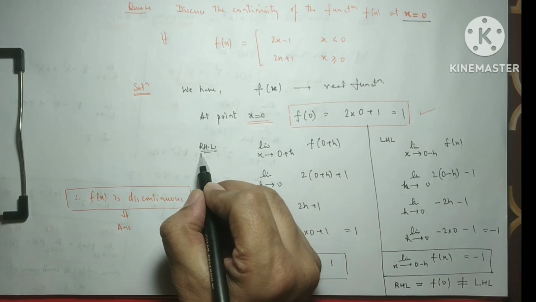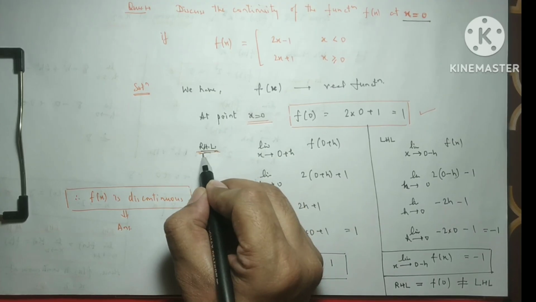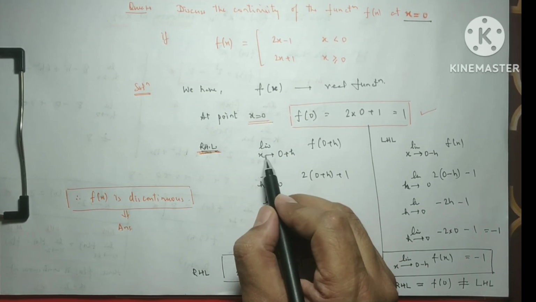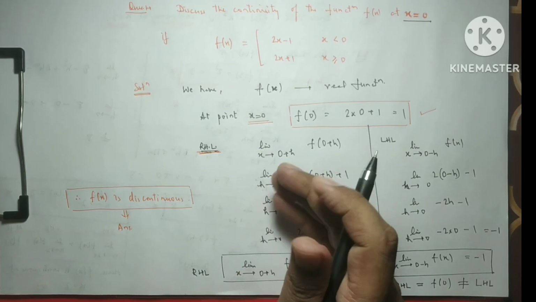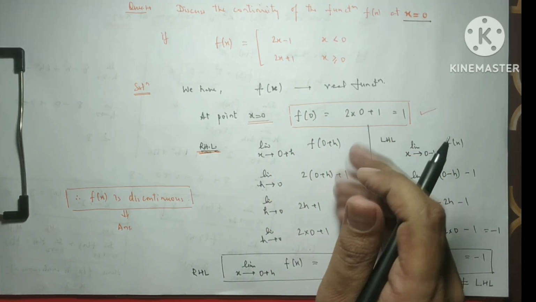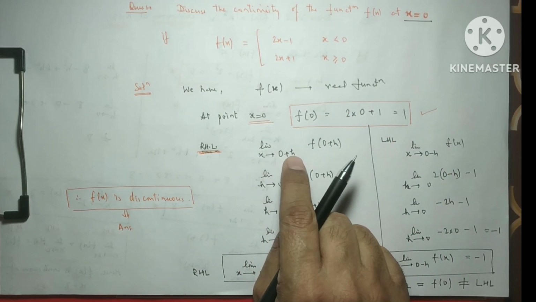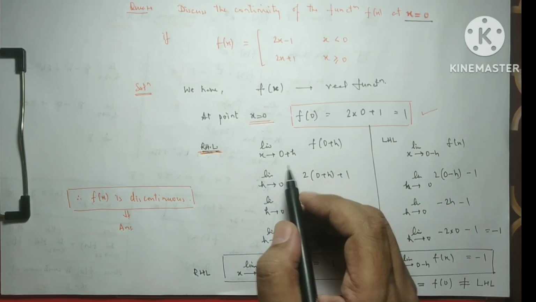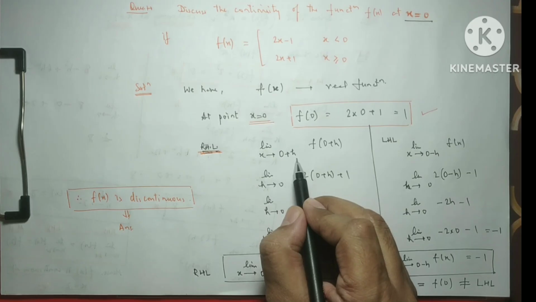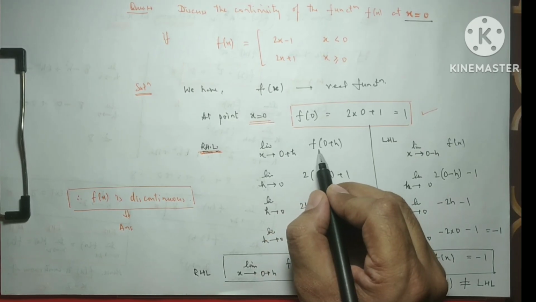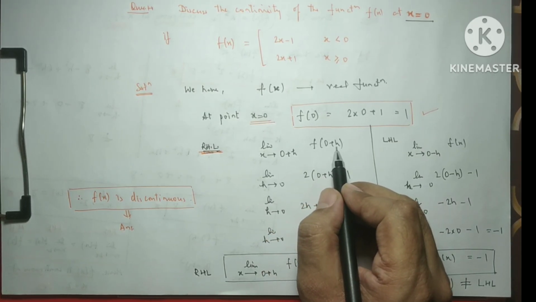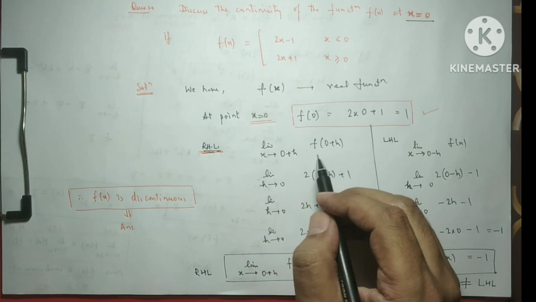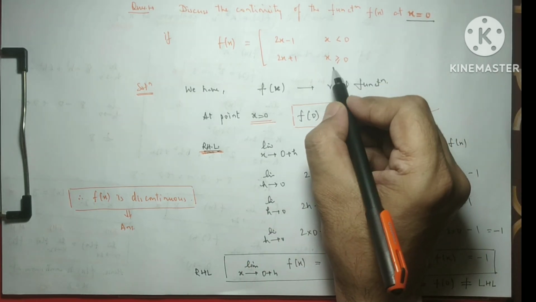Now we go for the right hand limit. For the right hand limit, we will start with limit x tends to slightly more than 0, that is 0 plus, or you can say 0 plus h, where h is a very small positive number. So in the function we will place 0 plus h, and this 0 plus means a positive value.